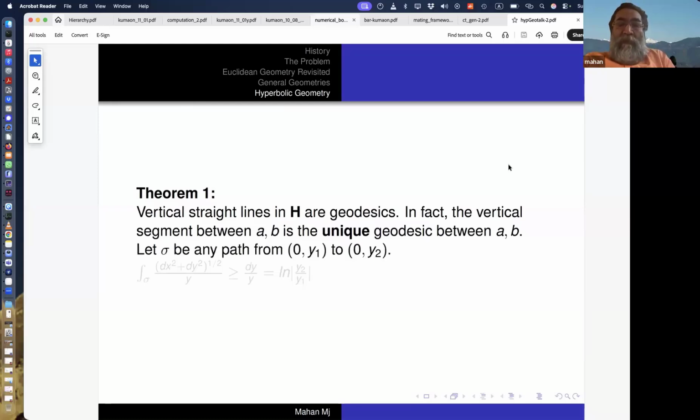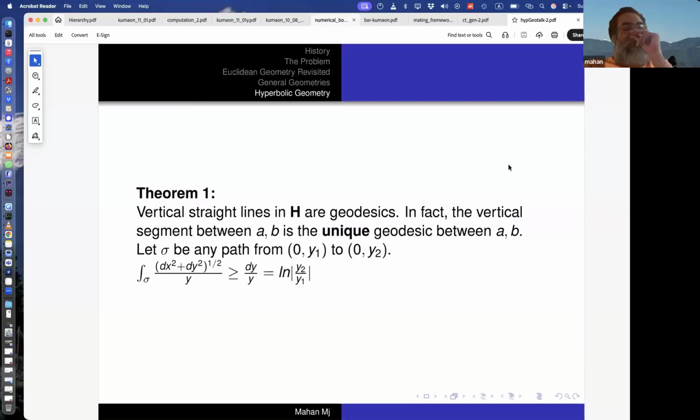What does that mean? You look at two points, and for convenience, I'm just looking at the x coordinate as fixed at 0. So you look at a path from (0, y1) to (0, y2). And then what are you doing? You have square root of dx square plus dy square, divided by y. See, dx square plus dy square by y square was ds square. So what is ds?